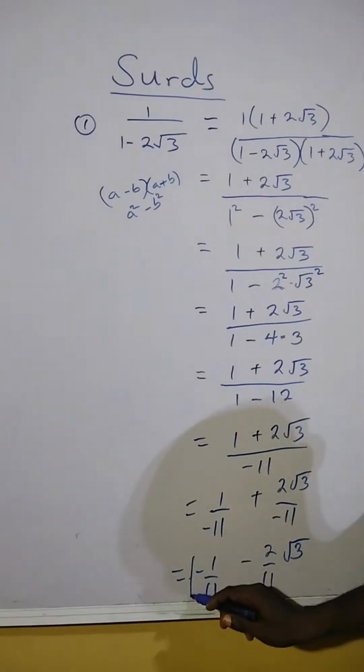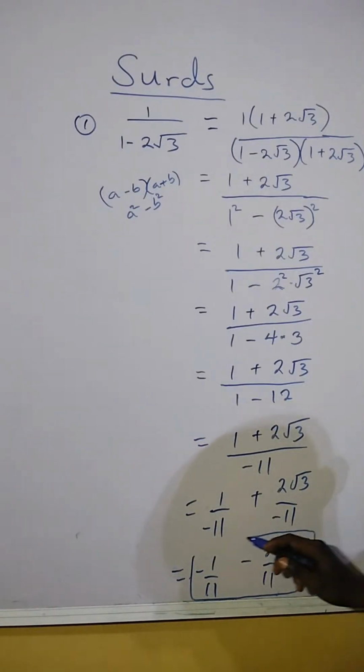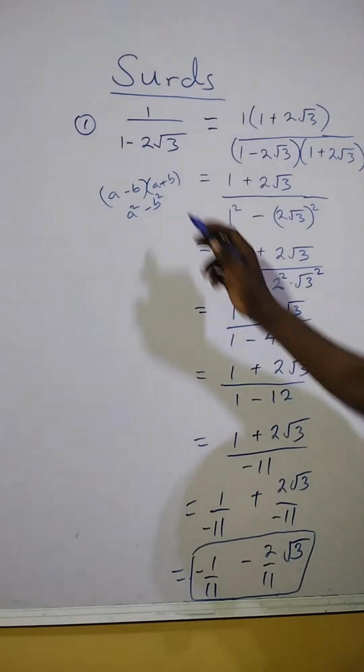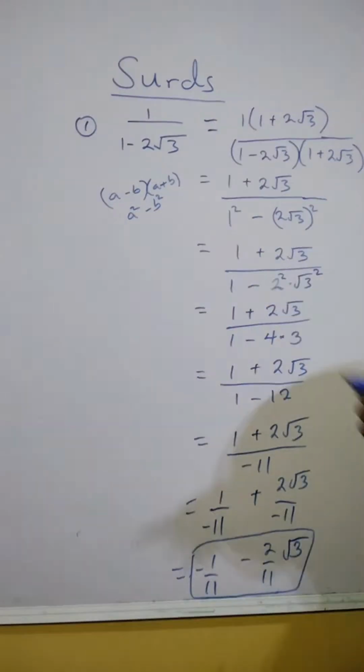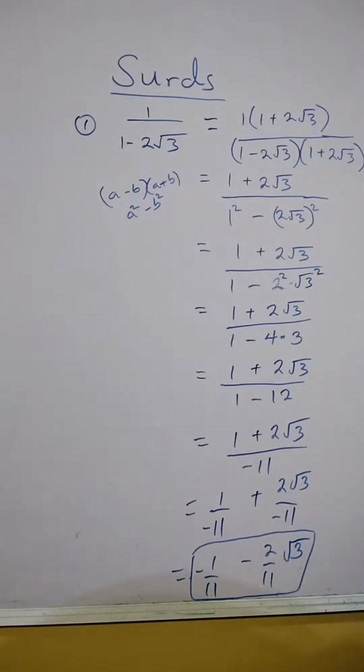So here we have the simplified form of this given problem. That is, we have already rationalized this particular surd here.